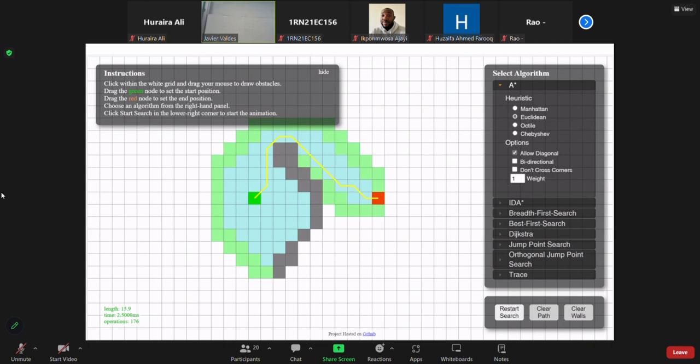We'll do x2 minus x1 and y2 minus y1. The absolute value of x2 minus x1, and the absolute value of y2 minus y1. Then put a max function, taking the bigger one of the two.